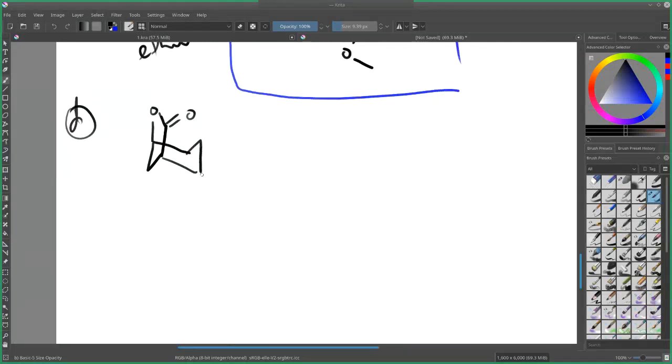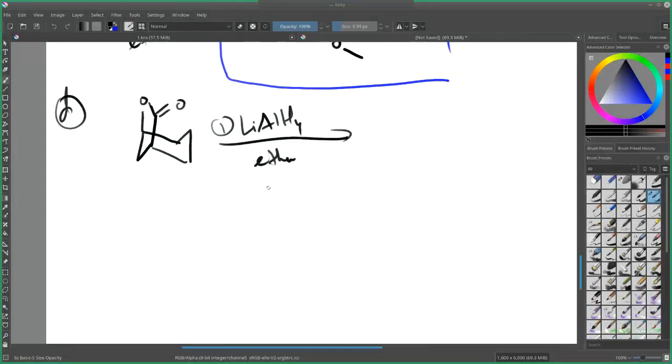So we start off with something that looks like that, and then from there step 1, treat it with lithium aluminum hydride, and that's an ether. Okay. So let's see, what functional group are we really working with in this molecule?